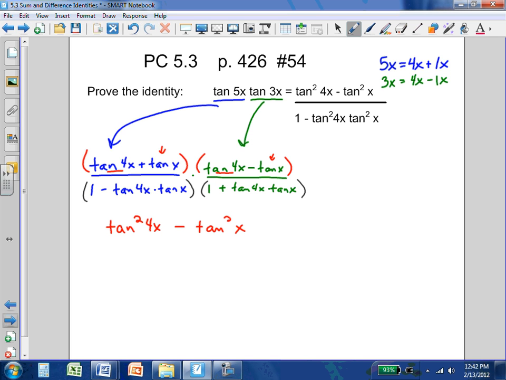Similar thing is going to happen on the bottom. They are also conjugates of each other. So the 1 times 1 will give us the 1. Our middle terms will cancel out when we multiply those together. And then we have a negative product for the last piece, and that is tangent squared 4x times tangent squared of x. And that is exactly where we were supposed to head. That is all.